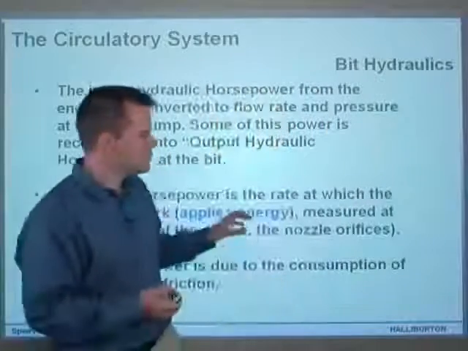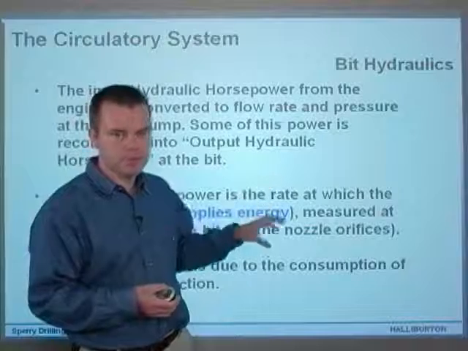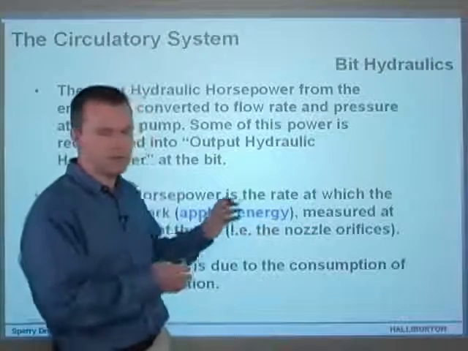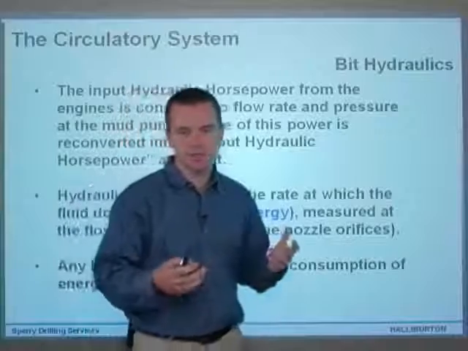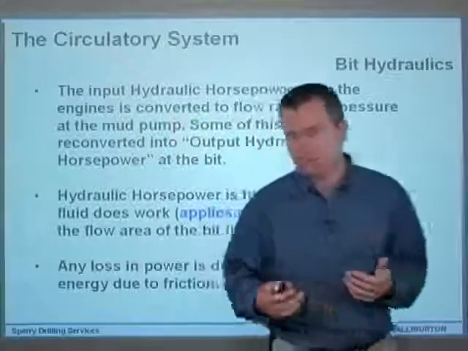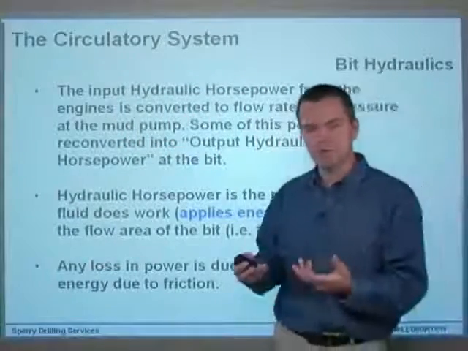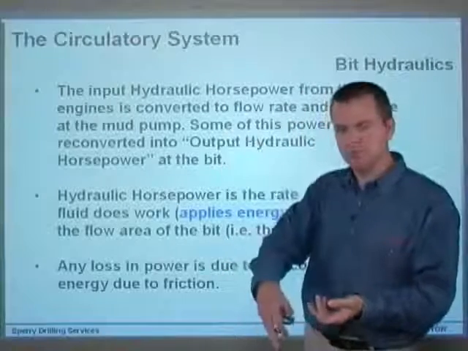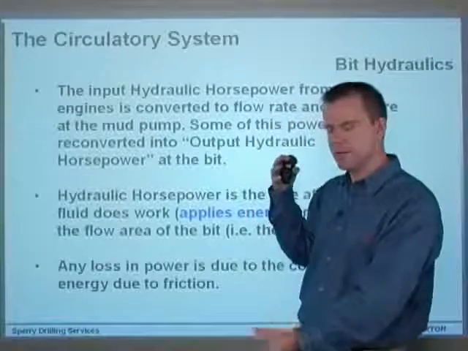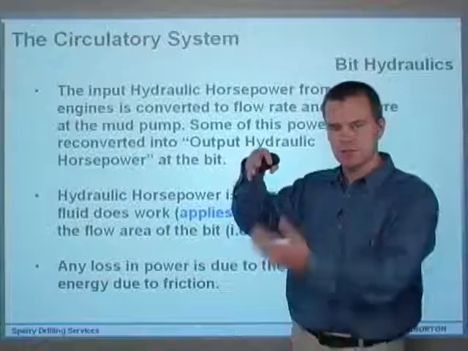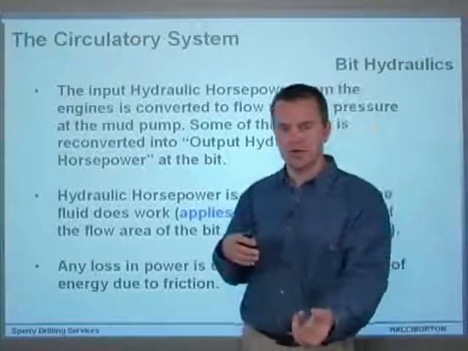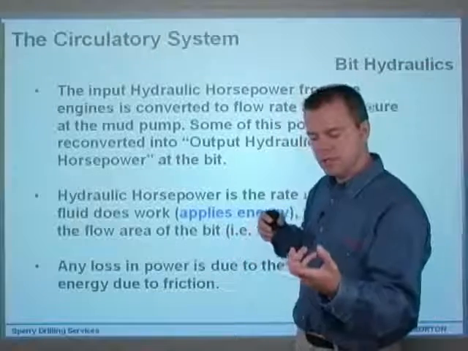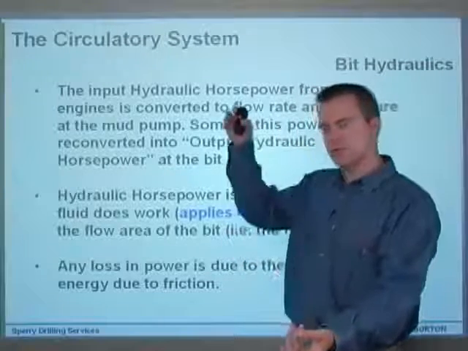So the bit hydraulic horsepower is measured at the nozzles of the bit. And any loss in power is due to the consumption of energy due to friction. As we know, we need pressure to pump it down to the bit, so some of that energy that you're inputting at surface is lost before it gets to the bit. So there's only a certain amount of hydraulic horsepower left to actually clean the bit compared to what there was at the surface.